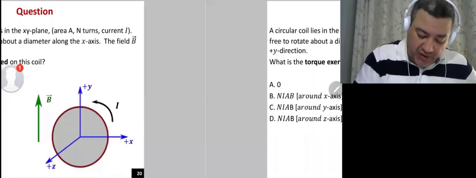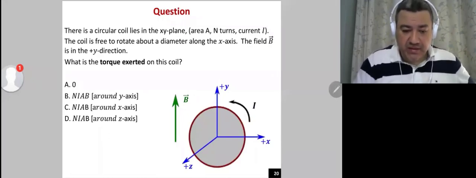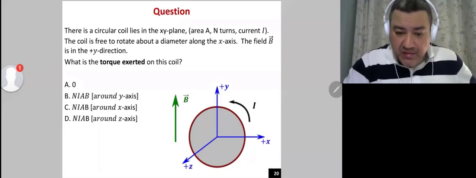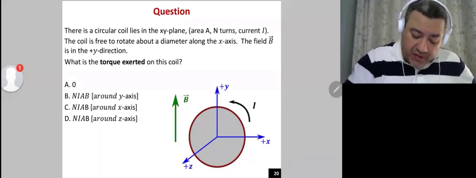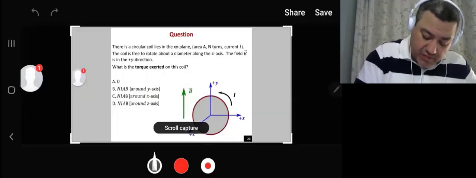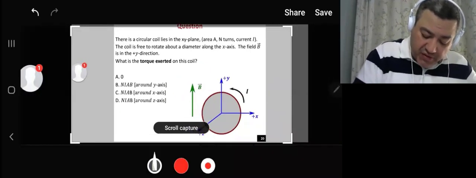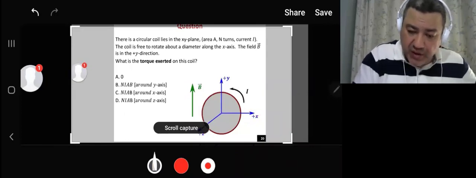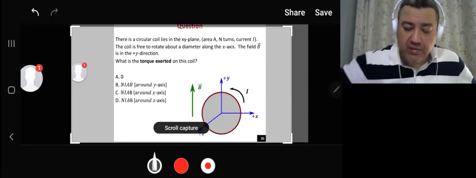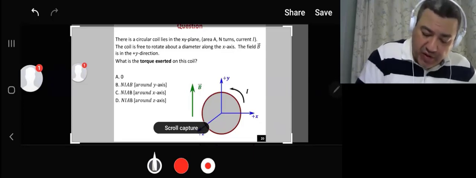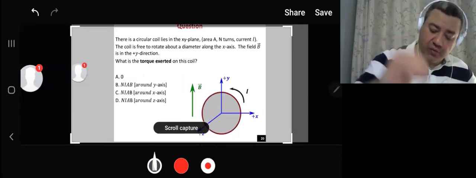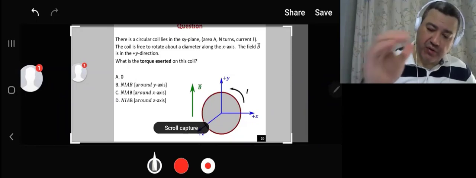Okay, the next, I think you mean this one, right? In this case, the magnetic dipole moment, due to the rotation of the current this way, to me it looks counterclockwise.